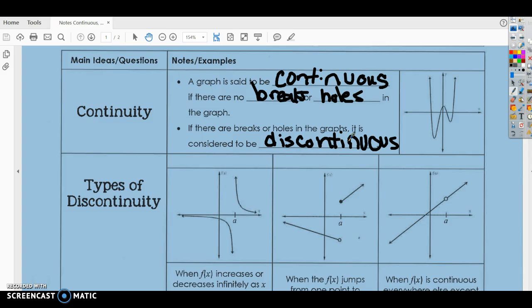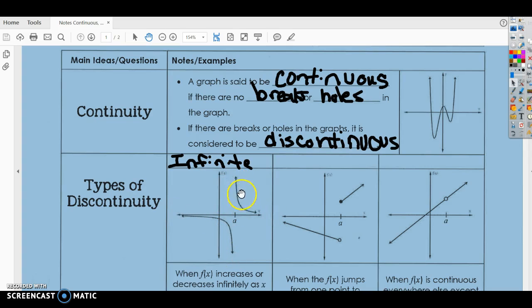All right, there are also three types of discontinuity. The first type is infinite. That's when f of x increases or decreases infinitely. Okay, so if you can see this, it is decreasing infinitely.